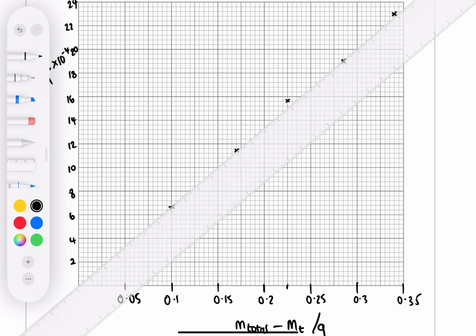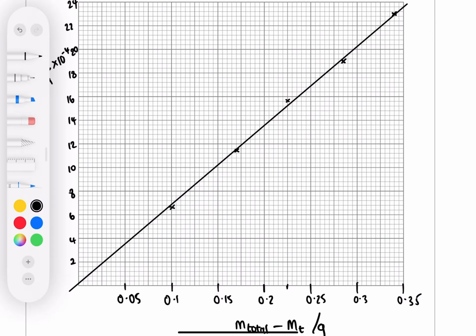On this one we do seem to just have 1 point slightly above the line. You can see I've got the top point just slightly above, the next one slightly below, the next one slightly above, slightly below, and slightly below. I've done an even spread either side of the line.